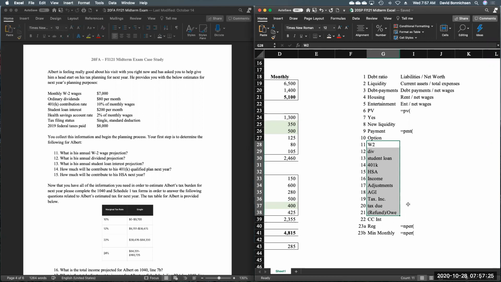So this is what I was referring to at the very beginning of our discussion: if you made a mistake, for example, in calculating the W-2 wages, or the dividends that he received, or the student loan, or if you made a mistake in any of the questions 11 through 15, you got 16 wrong. And if you made a mistake in 13 through 15, you would have gotten 17 wrong.